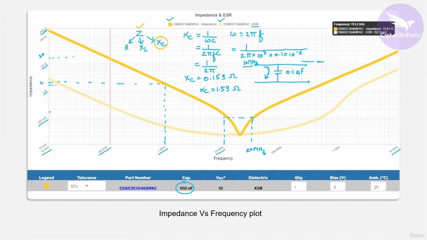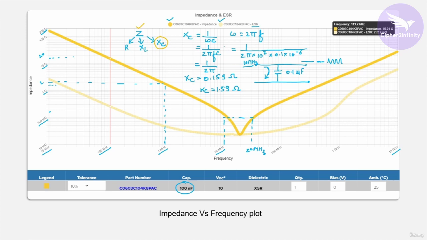So this capacitor behaves like a 200 ohm impedance. If you provide a signal of 10 kilohertz on the input side, that frequency will not travel towards the ground. You will see that frequency on the output side completely. If it is a sine wave of 10 kilohertz on the input side, you will see the same sine wave on the output side without any attenuation.